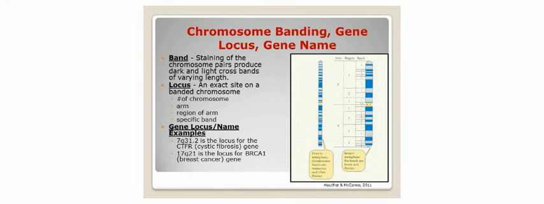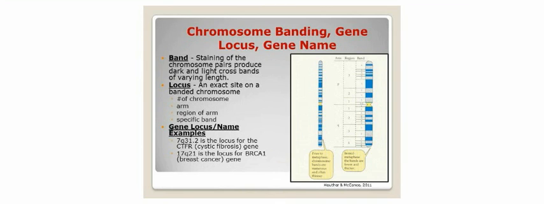So let's look at an example here. Let's look at the gene locus and the particular name of a particular gene. Let's start off with the CFTR gene. It has been named because it is specific for cystic fibrosis, and there is a change on the gene in this particular locus for cystic fibrosis.